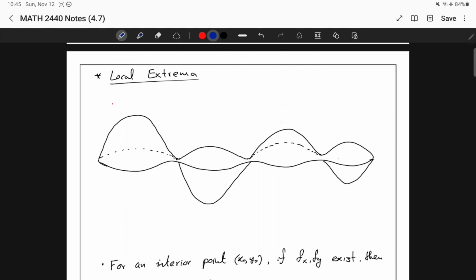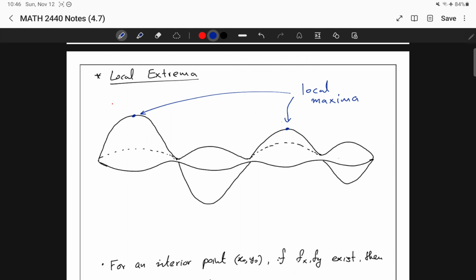Now, these 2 points, so they are the peaks, right? They are called local maxima.